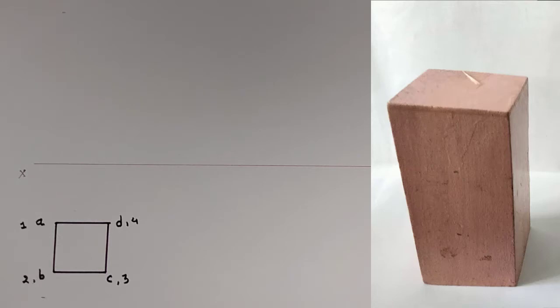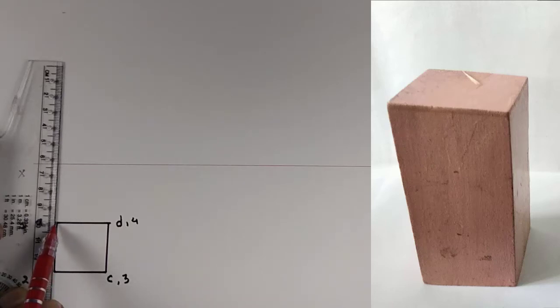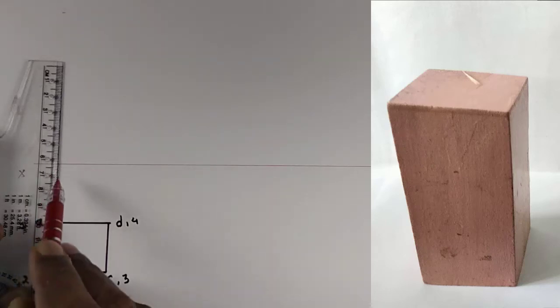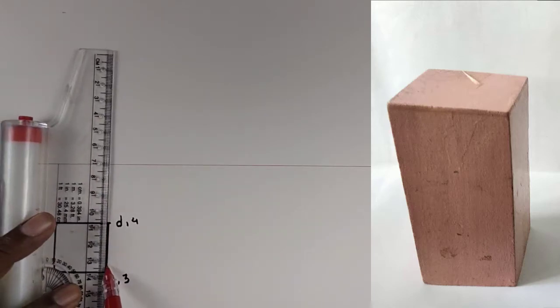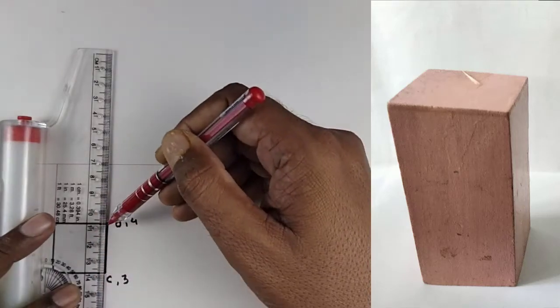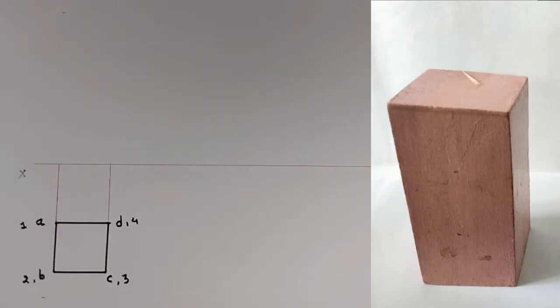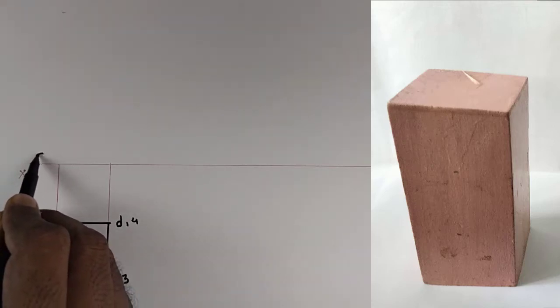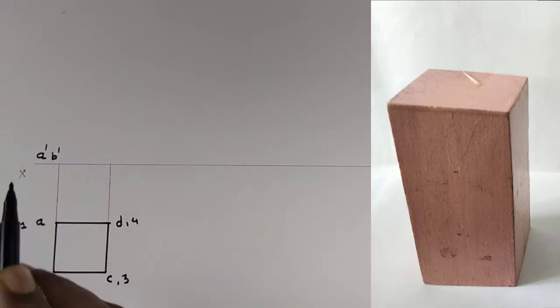Now the lower base on HP, it means we project the lower base on XY line, taking the vertical direction projection from corner C and D, where on XY line it is our A dash, B dash point.